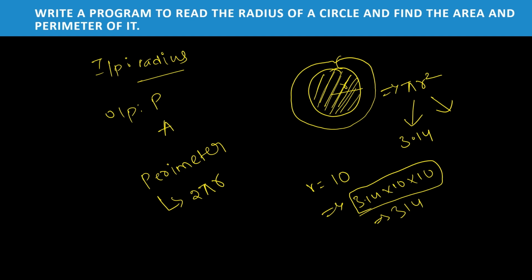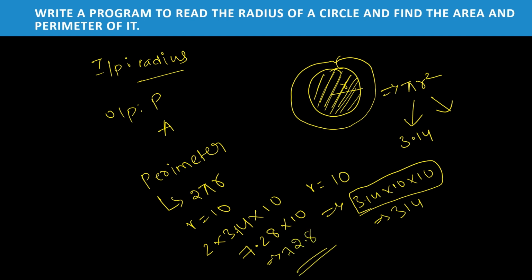Now, for example, if the radius is 10, the perimeter is 2 into 3.14 into 10, which is 6.28 into 10. It's nothing but 62.8. It is the perimeter. It's very simple.